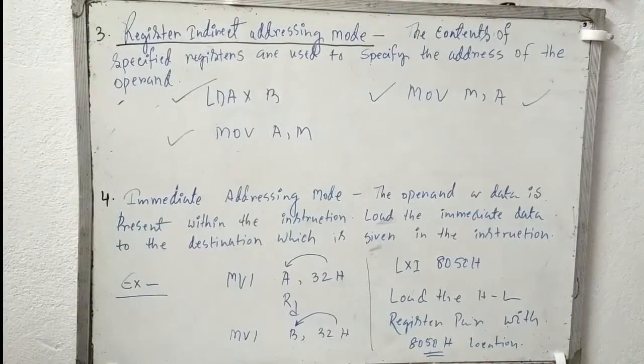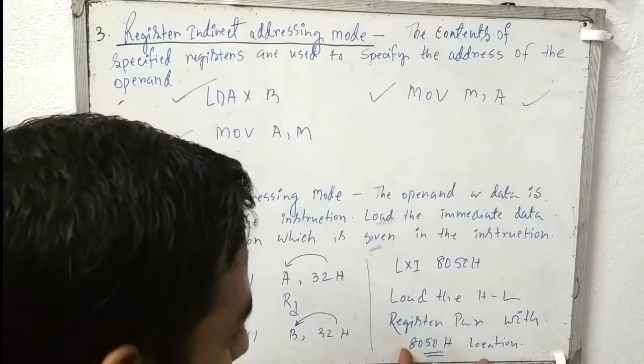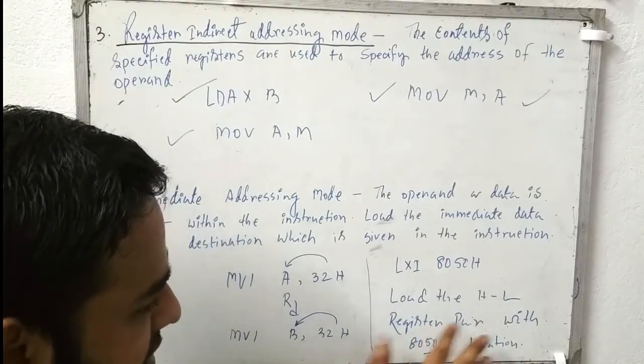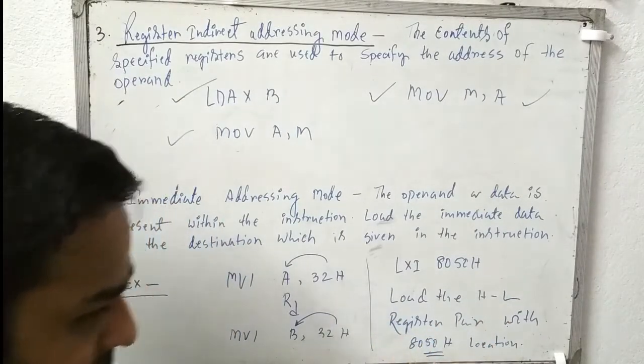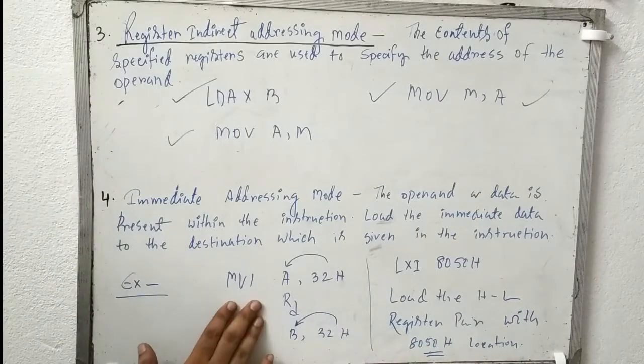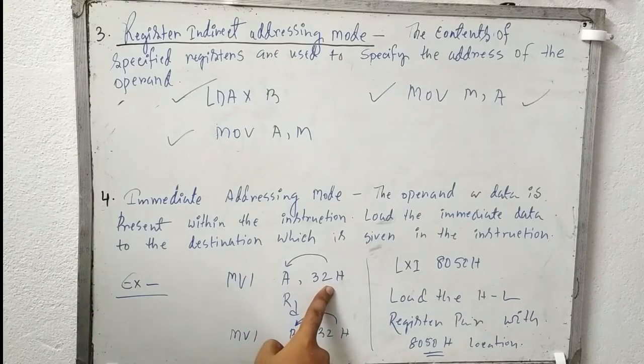That will happen immediately. Load the HL register pair with this address immediately. Load the accumulator with this content immediately. That's why it is called the immediate addressing mode.